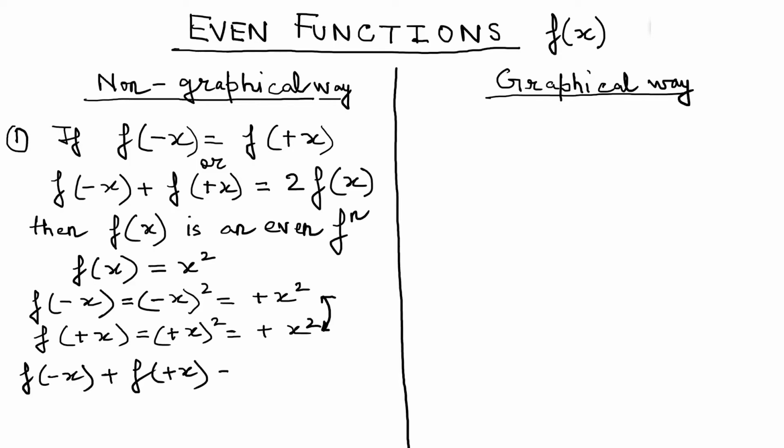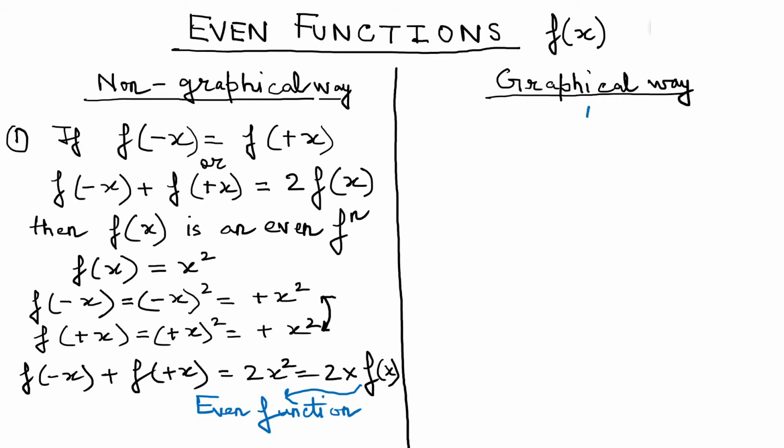Gives me 2x square, which is nothing but twice the value of the original function that we had taken, which is why we will be able to say that the function f of x is an even function. So this was the non-graphical way of identifying an even function.